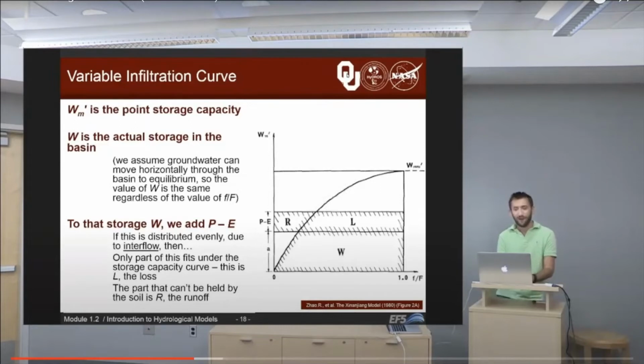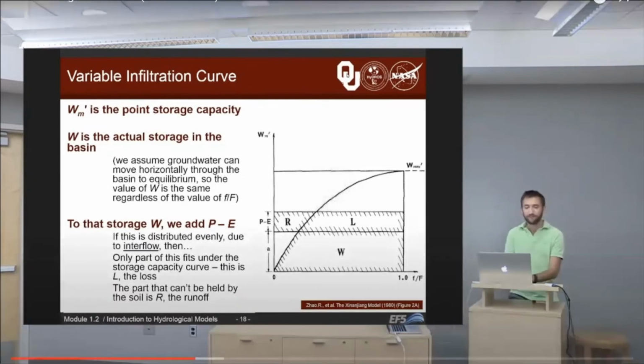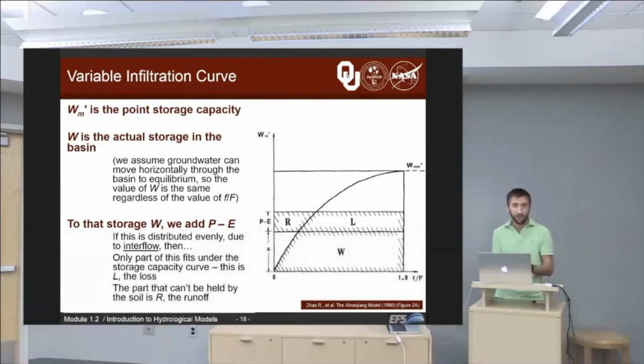W, the area under the basin, the big W, is the actual storage of water in the basin. You can also think of this as how groundwater moves through the basin. In some parts of the basin, in real life, it might be wetter than others. But for this example, we're going to assume that groundwater can move easily in the horizontal direction to equilibrium, so that it's at the same level across the entire basin, flat in other words.